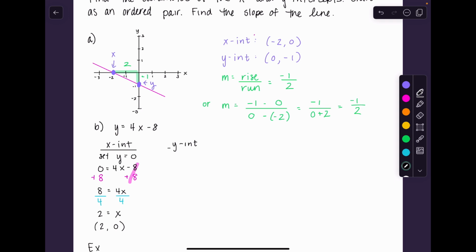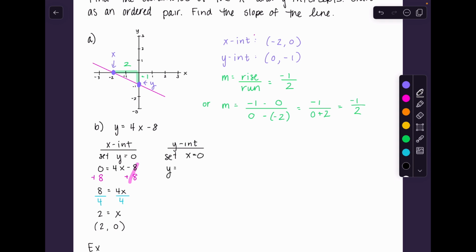Now the y-intercept is thankfully much easier. You can really just use the equation, because remember it's y equals mx plus b. This value here is your y-intercept. But if you don't remember, there is a nice trick: you set the opposite variable equal to 0.